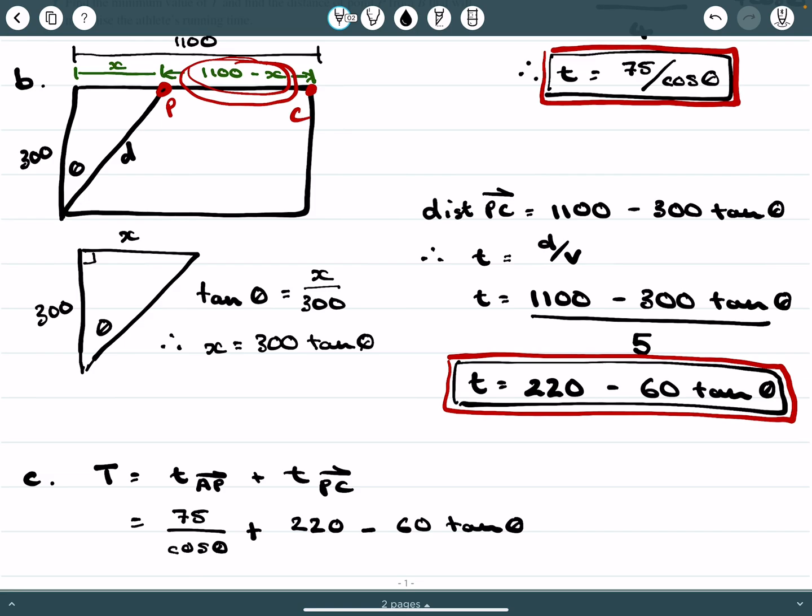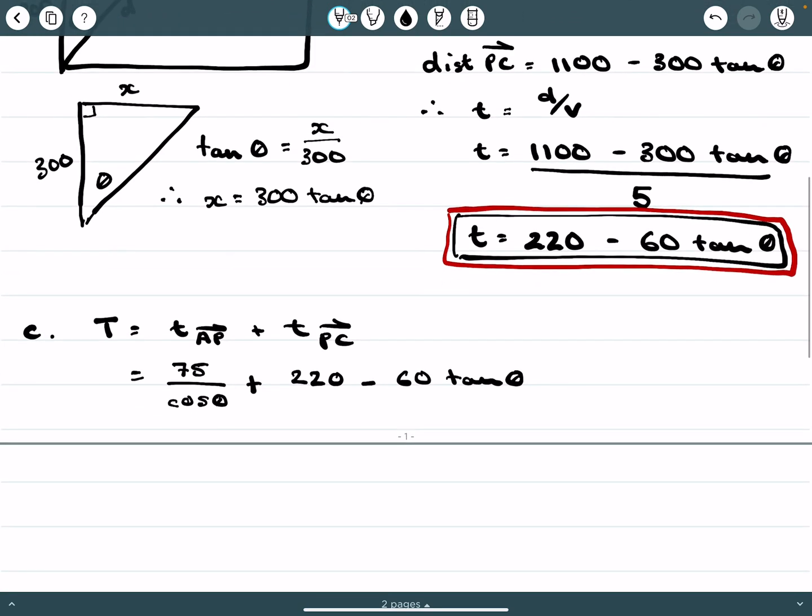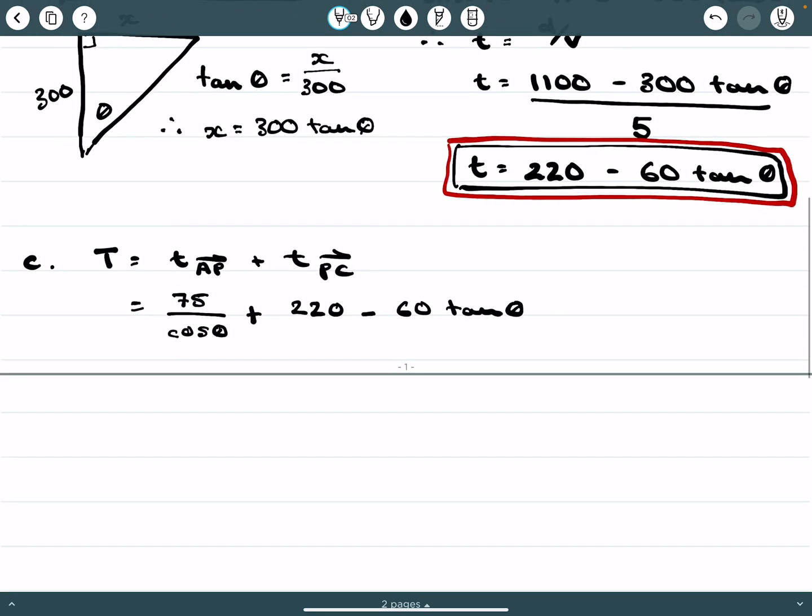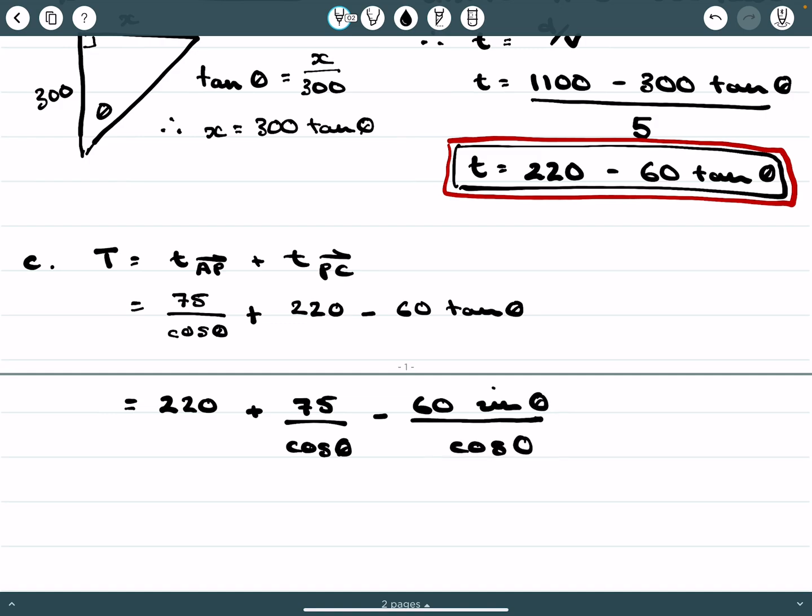So we know that that's going to be 75 on cos theta plus 220 minus 60 tan theta. Now, moving forward with this, I might separate the terms a little bit further and say 75 on cos theta minus 60 tan theta. I'm going to do something a little tricky here. I'm going to say tan theta is equal to sine theta on cos theta.